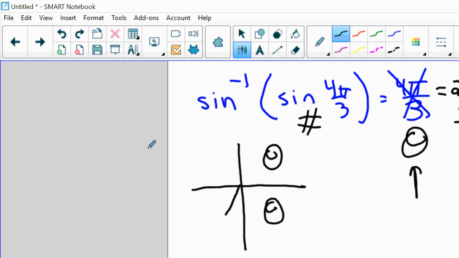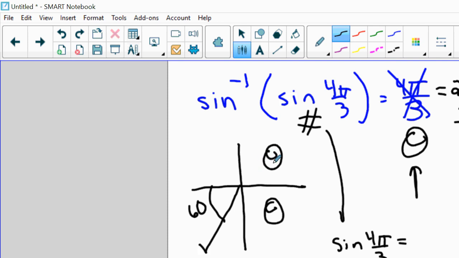But you do understand that the reference angle is 60, so most likely the answer is going to be negative 60. But you do know sine of 4 pi over 3 is basically the y coordinate. It's like saying sine 60, so minus the square root of 3 over 2.